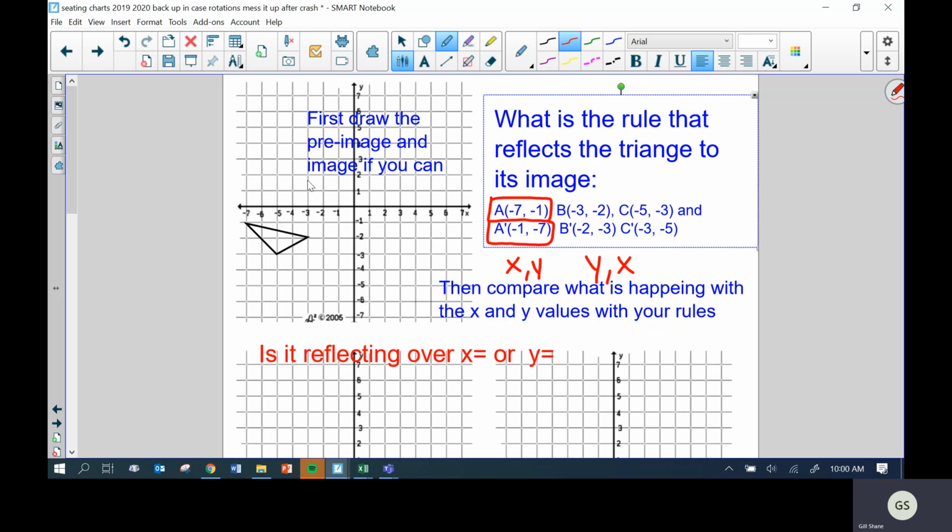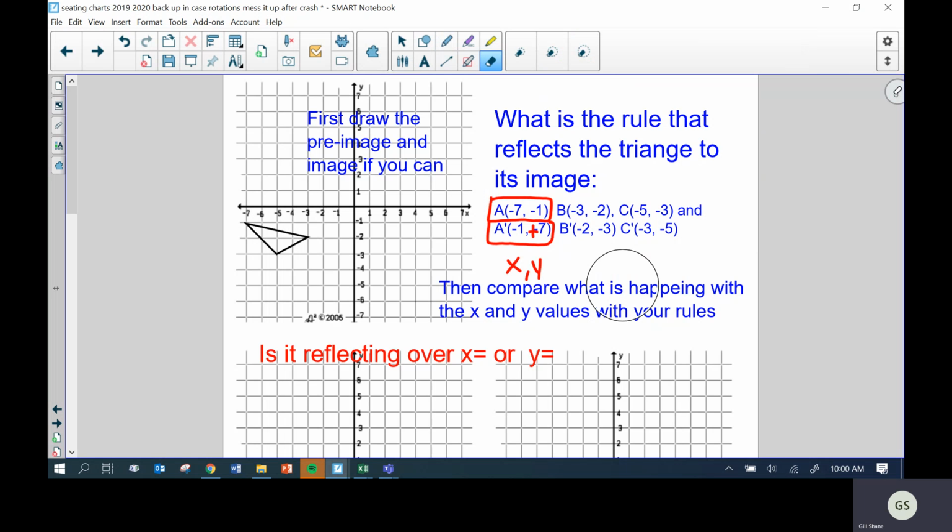Now, if this had been, let's say it was positive 7. So -1, positive 7. Well, then I still change the order because the order of the actual numbers is still changed. But one of the signs changed.